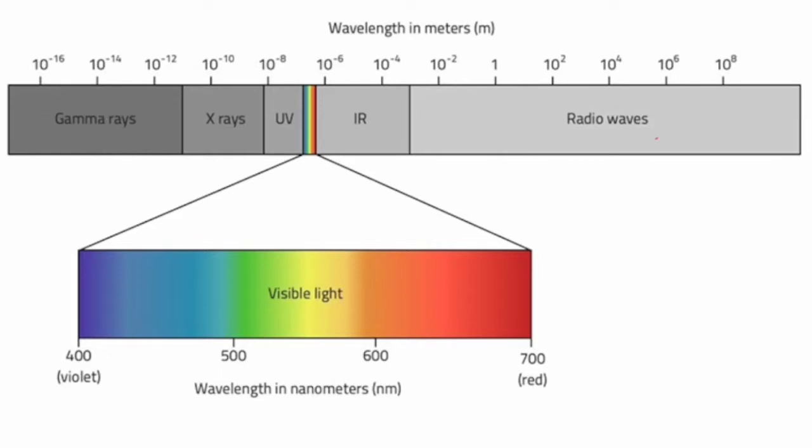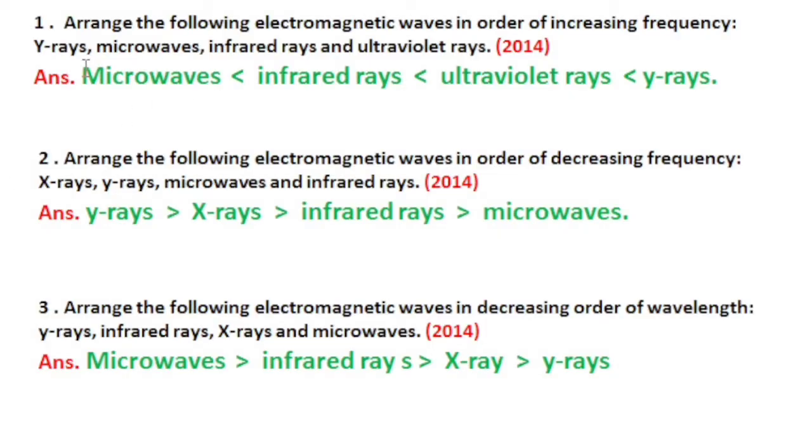Gamma rays. So in this question, gamma rays has maximum frequency and you have to arrange in the order of increasing frequency. And which one has minimum? Yes, microwave. So the answer is: first microwave, then infrared rays, then ultraviolet rays, and maximum frequency which radiation? Gamma rays, right? And minimum frequency microwaves.